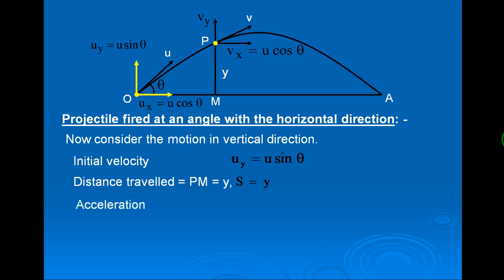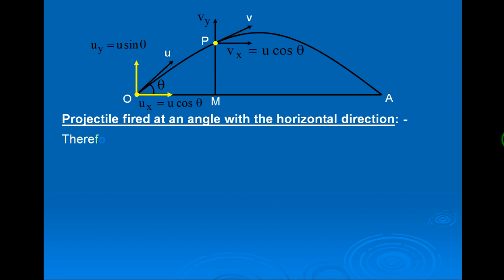Acceleration ay is equal to minus g, acceleration due to gravity. The negative sign shows that the acceleration due to gravity is opposite to the initial velocity uy. Time taken remains the same, equal to small t.